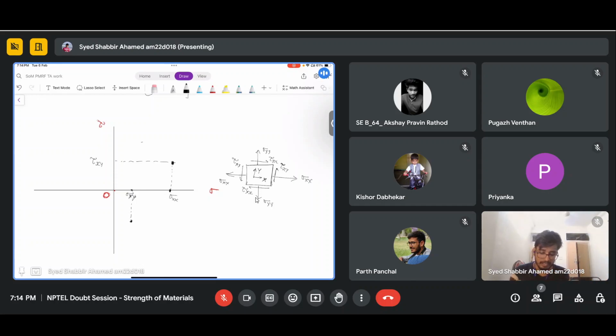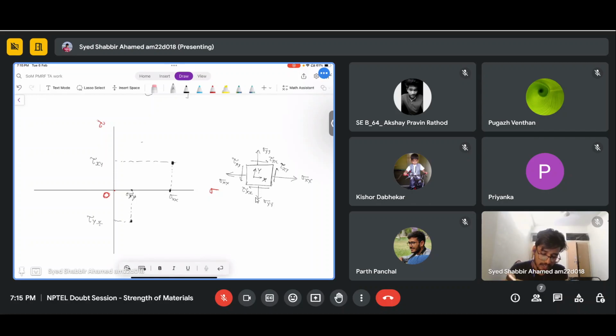You can take this interchangeably. It doesn't matter how you take it. And this is tau yx.